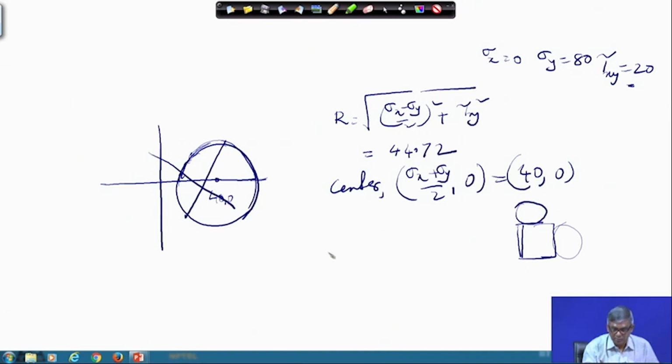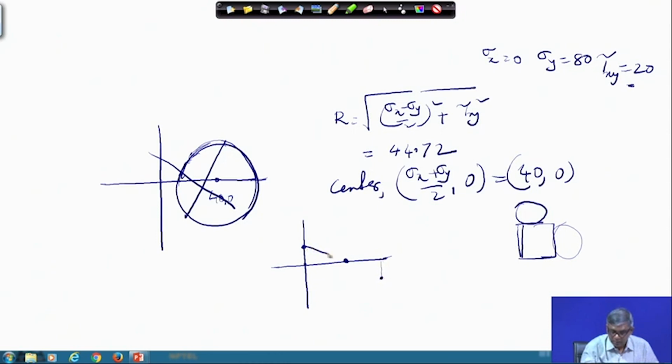So, this is your 0 and 20 suppose here, and the circle is somewhere here, a center, and this point suppose somewhere here.